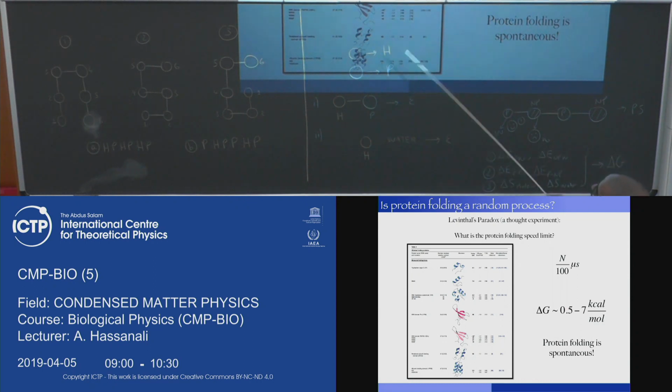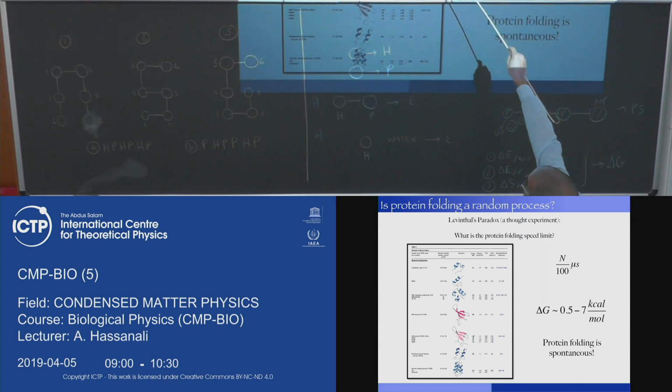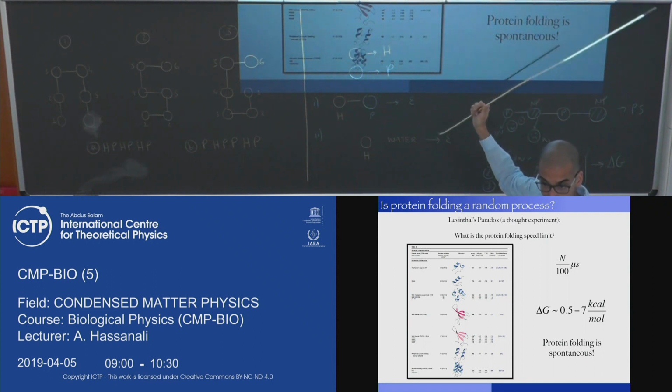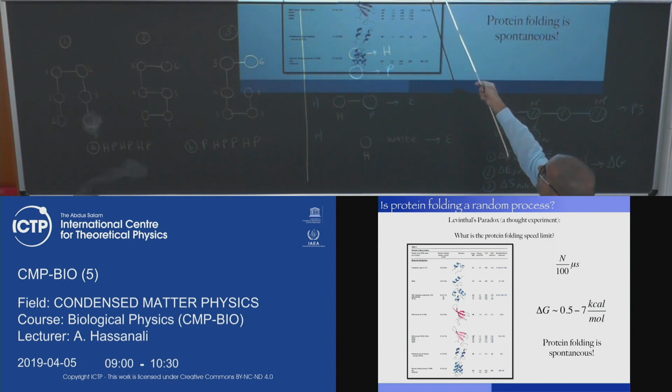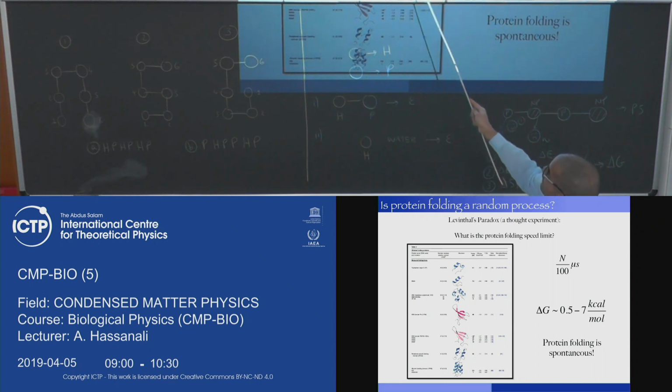This is probably very hard to see, but these are folding times of different proteins, and the delta G is associated with the protein folding.